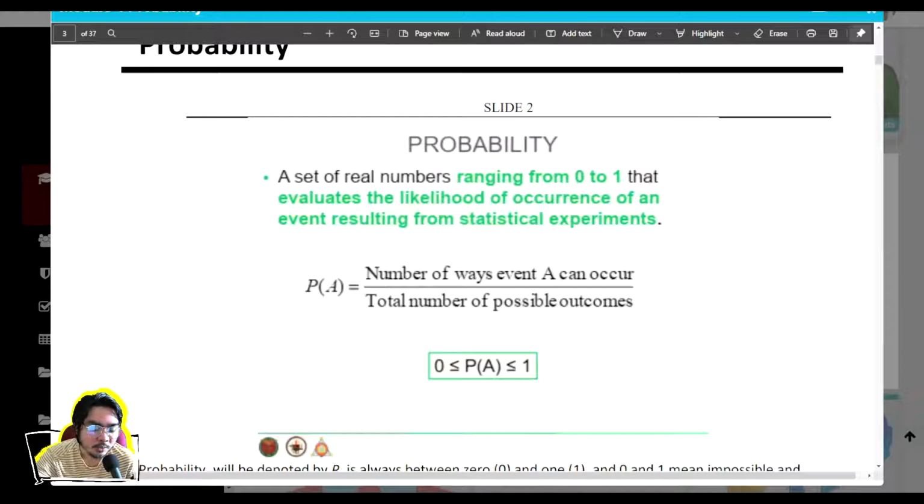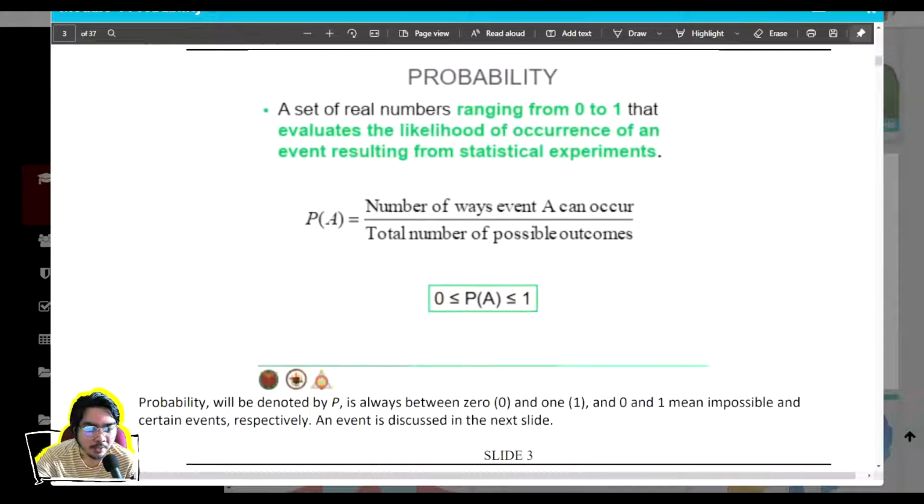Okay. So usually it's a fraction, no? Or a decimal value from 0 to 1. And 0 indicates that there is an impossibility, while 1 indicates that there is a certainty of that event A occurring. Okay.